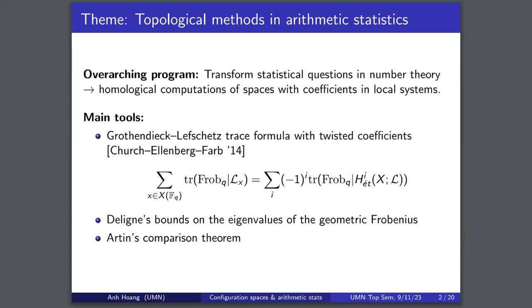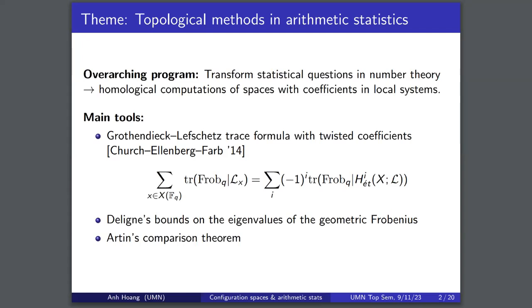So if you have X, this guy here, to be a smooth projective variety defined over a finite field F_q, then the action of Frobenius will fix any F_q point on X, and in particular, it acts on the stalk of the local system L at the point x.